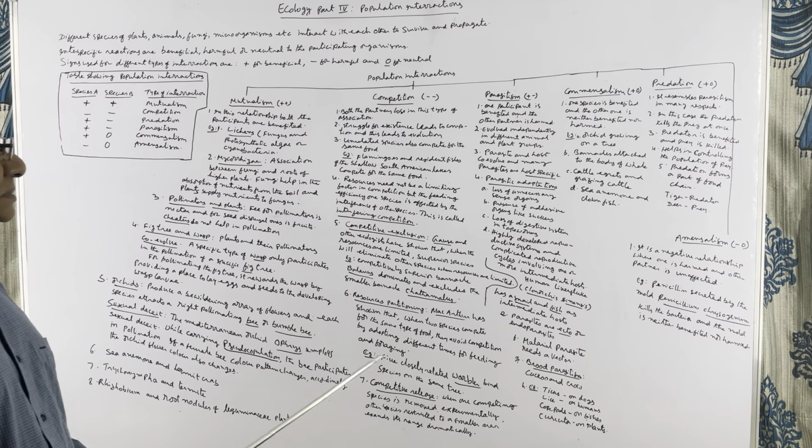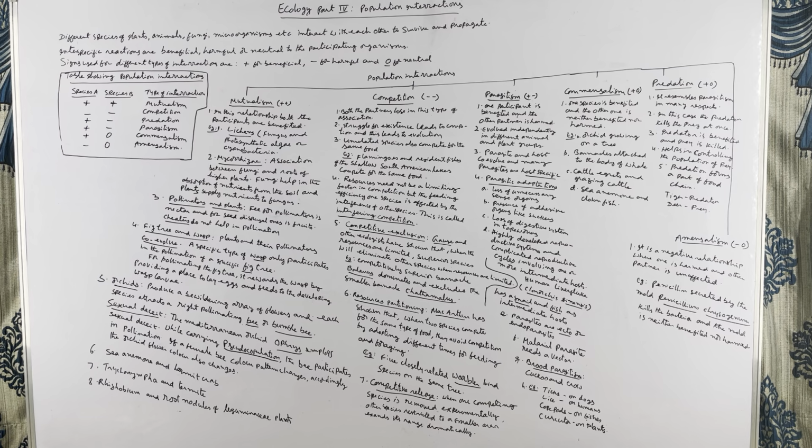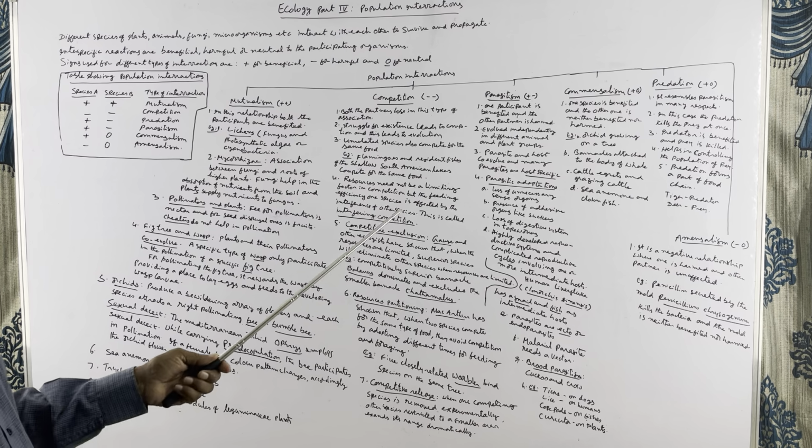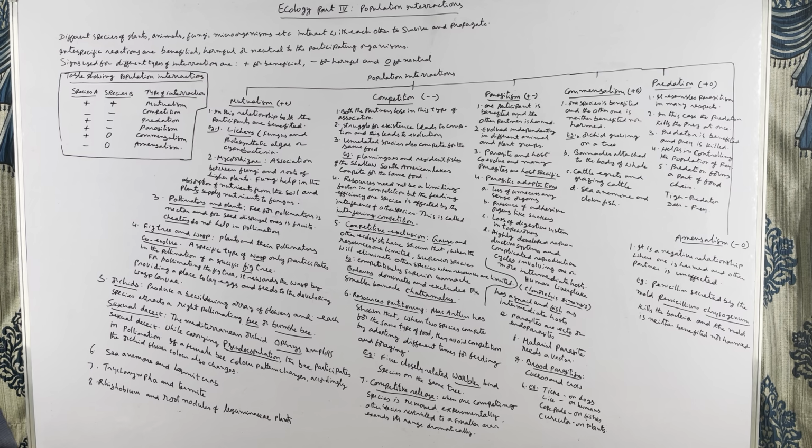Then parasitism. In the case of parasitism, one partner is benefited and the other partner is harmed. Parasites are of many types: ectoparasites and endoparasites. Ectoparasites live on the body surface of the host, and the endoparasites live inside the body of the host.